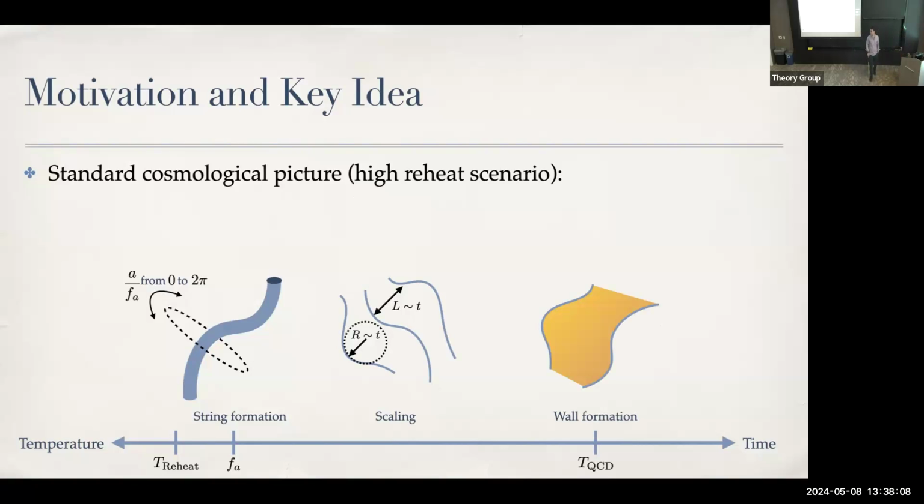Near the QCD phase transition, every axion string becomes attached to a domain wall, which I'll explain in much more detail soon. You can think of these domain walls as surfaces of large concentrations of axion energy density.